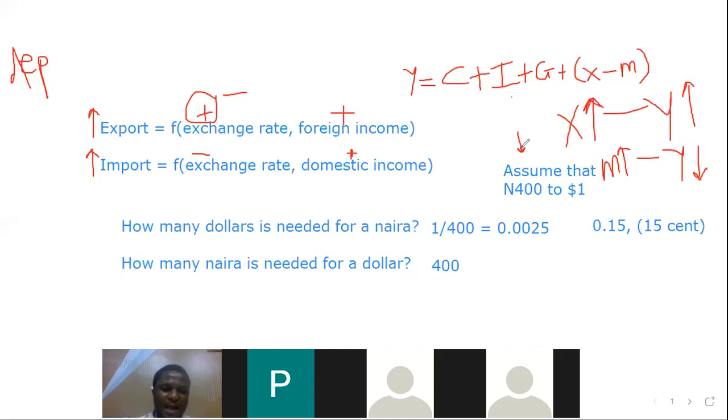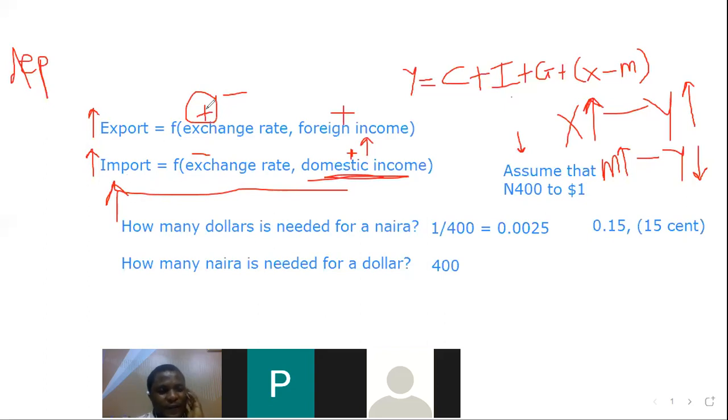But remember, when you devalue your currency and export increases, that output that has increased will come to the domestic income and cause what? Increase in domestic income, which will now cause what? Import to what? Increase.